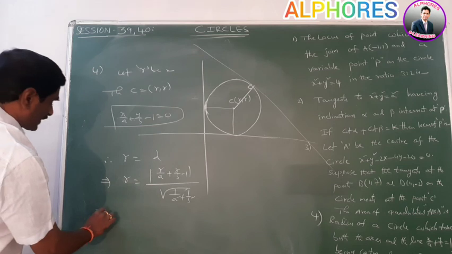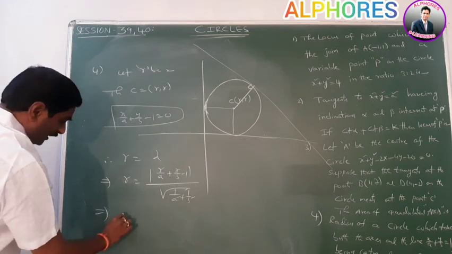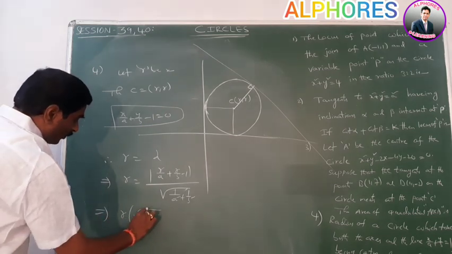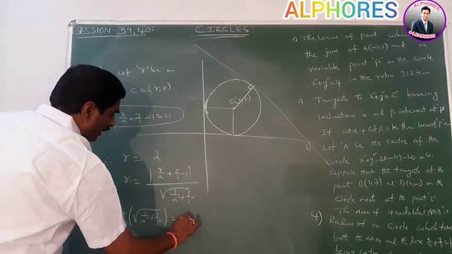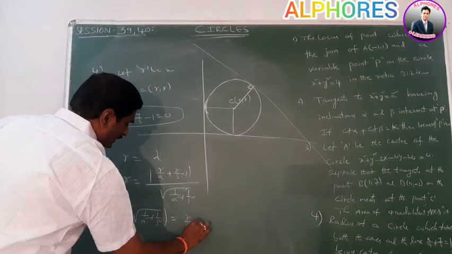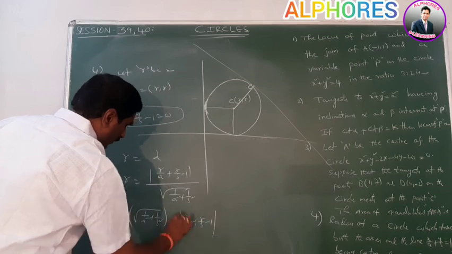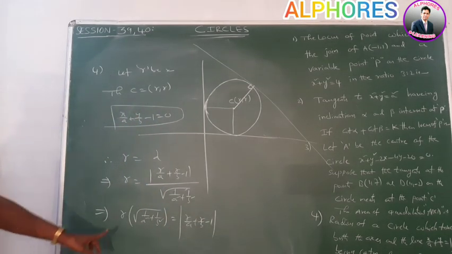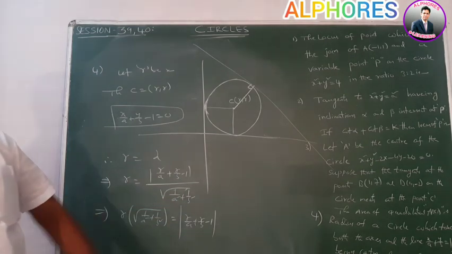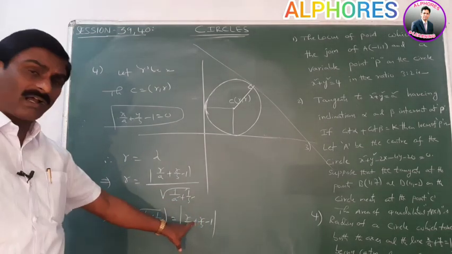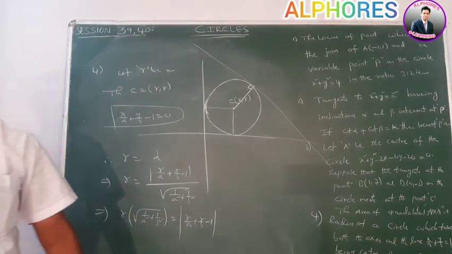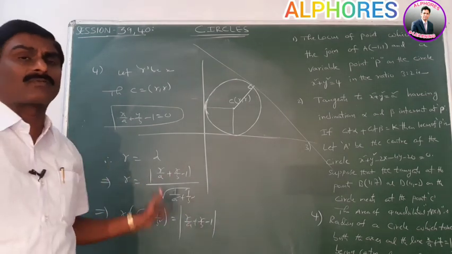After cross multiplication, r into root over 1 by a square plus 1 by b square is equal to mod of r by a plus r by b minus 1. By squaring on both sides, we get a quadratic in r. Find the value of r.